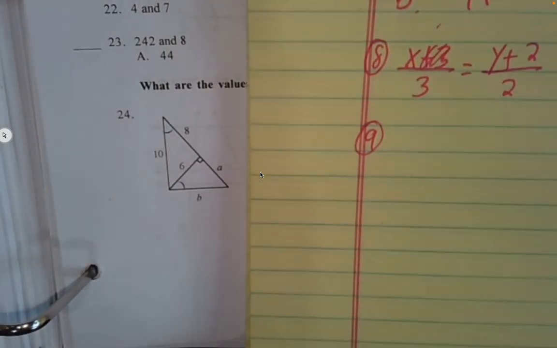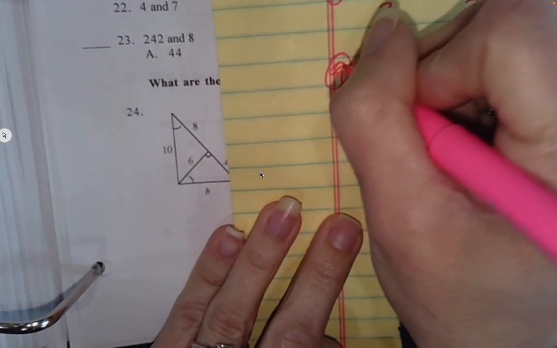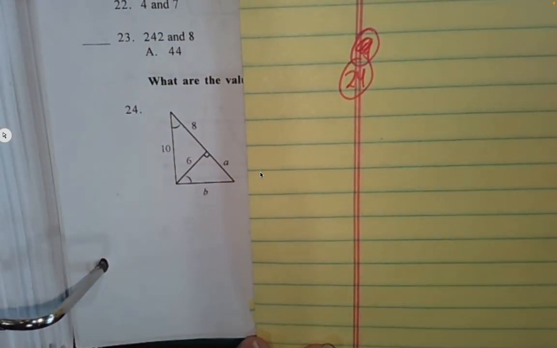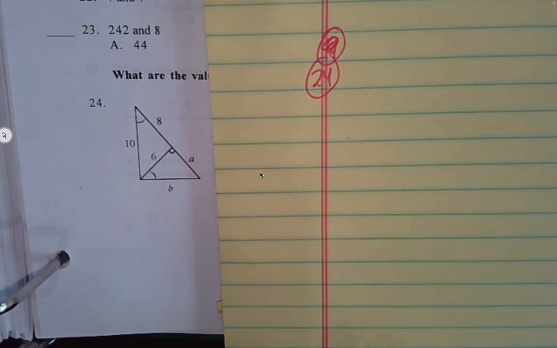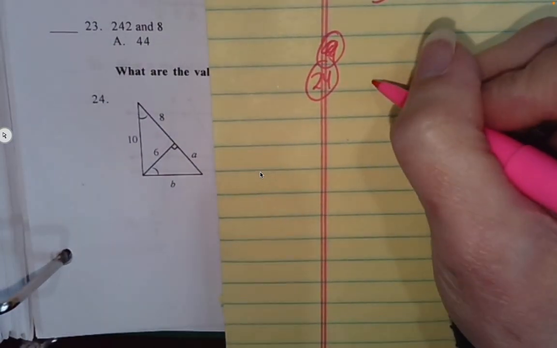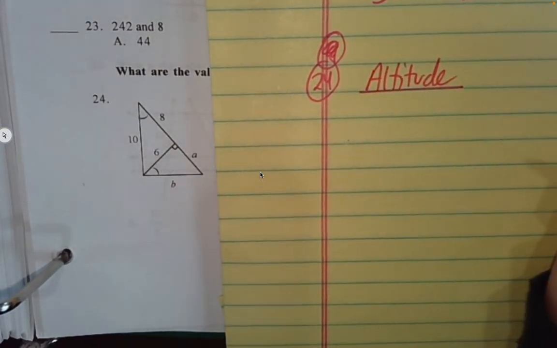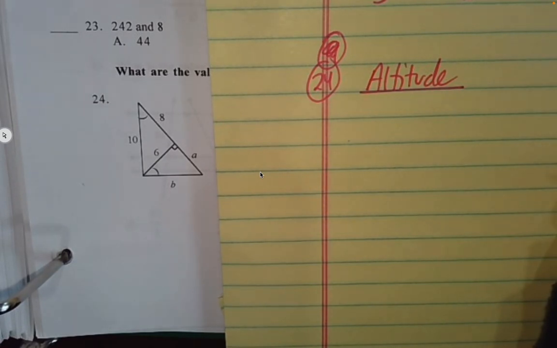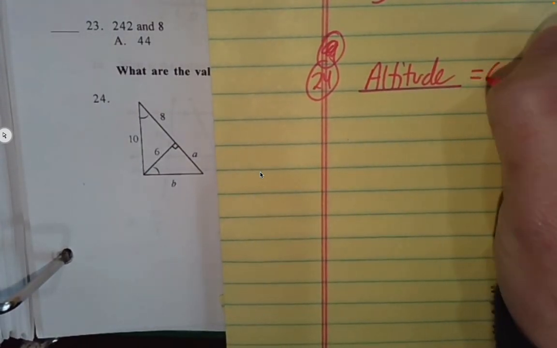So I have number 24. Triangle. And I need to find A and B. A is the first thing I'm going to find. Y'all probably don't remember, but we had a little formula, and it said you could use the altitude. What is the altitude in this case? The line in the middle, which is 6.